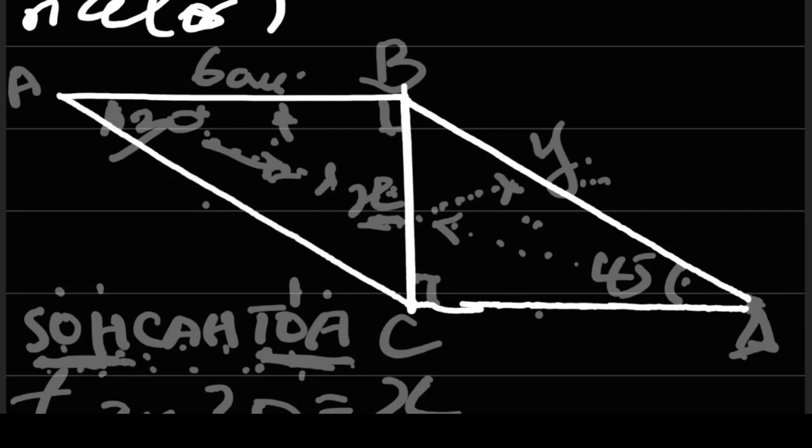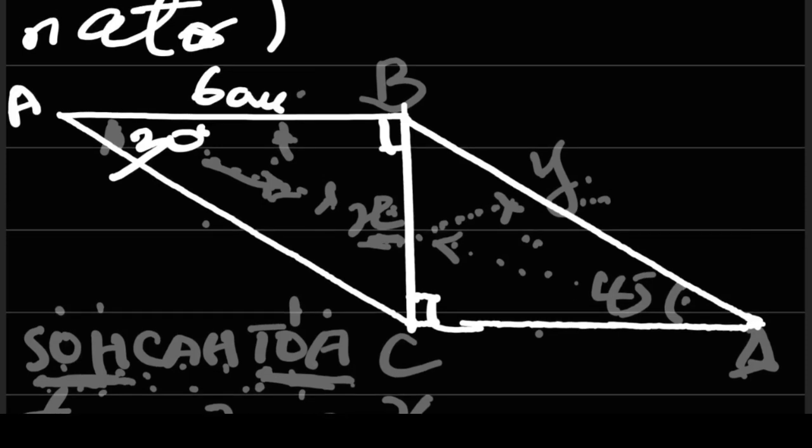I have a triangle here, in which this angle is a right angle. This is a right angle, this is a right angle. This angle is 30 degrees. This side is 6 centimeters.